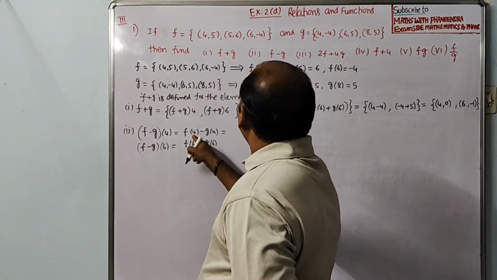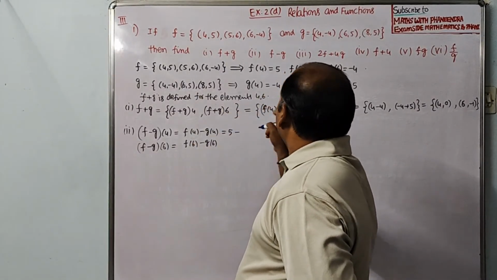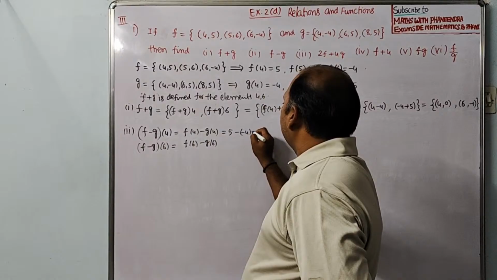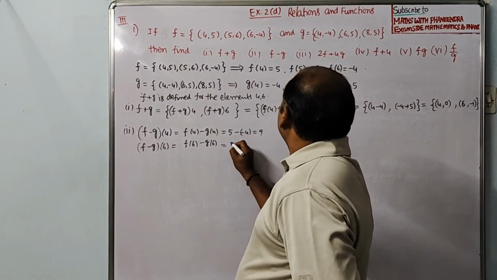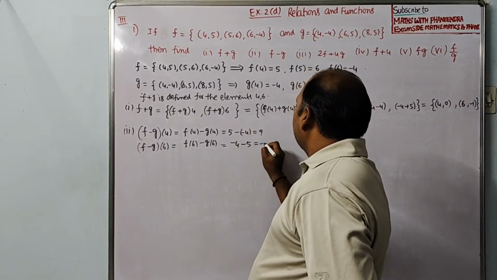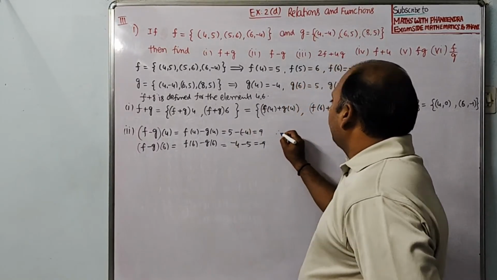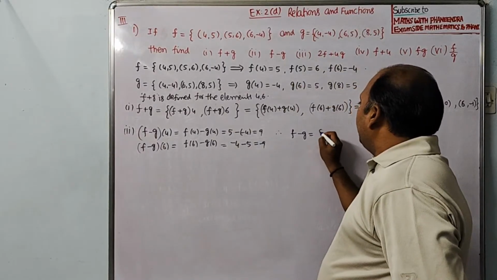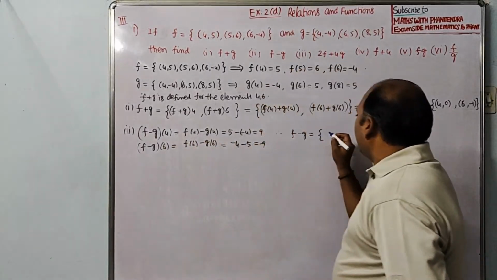So f of 4 value how much? 5. g of 4 value minus 4, so 5 minus of minus 4, 9. f of 6 value minus 4 minus g of 6 value 5, so minus 9. Therefore, f minus g will be defined as (4,9), (6,-9).